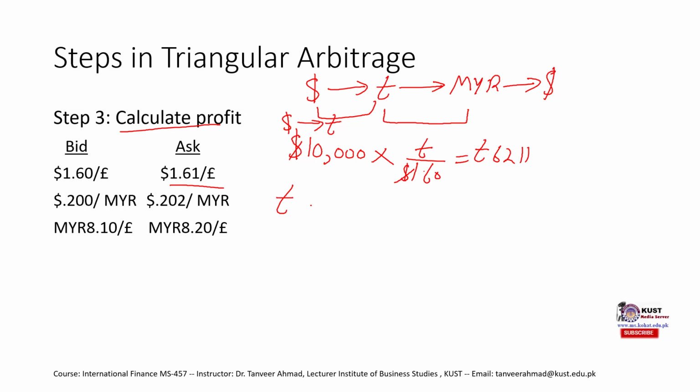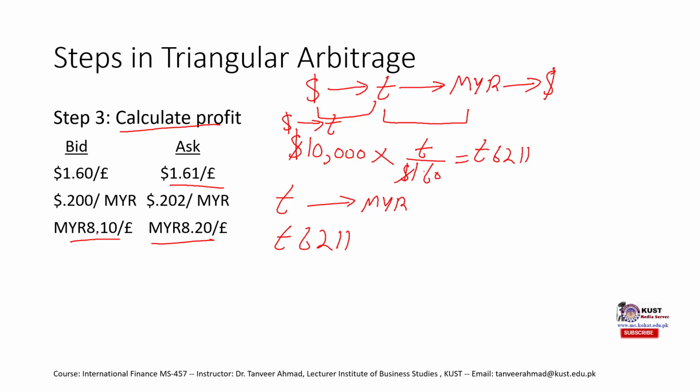So we now have pounds and we need to convert into MYR. How many pounds do we have? 6,211. Now which exchange rate contains both these currencies, MYR and the pound? It's this one, right? But should we use the ask price or the bid price? Now in this case, we are selling pounds. So obviously the bank is going to buy the pounds.